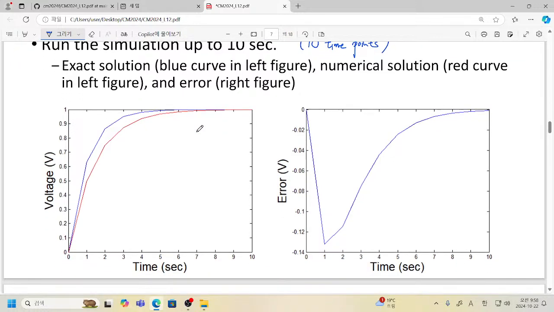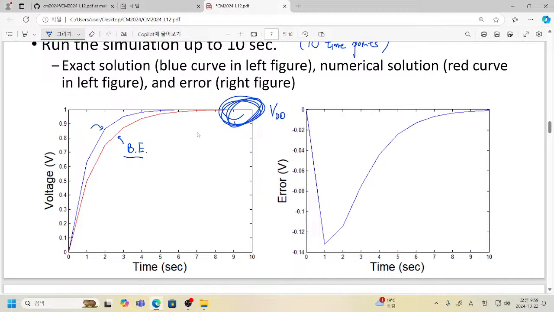And the exact solution is shown here as the blue one, and this one is backward Euler. And you can see that the numerical solution eventually follows the behavior of the correct solution. It follows VDD. VDD is given as 1 volt and it follows 1 volt eventually.